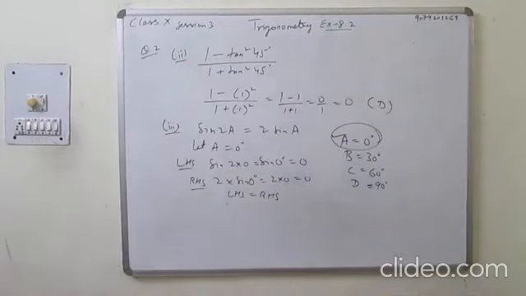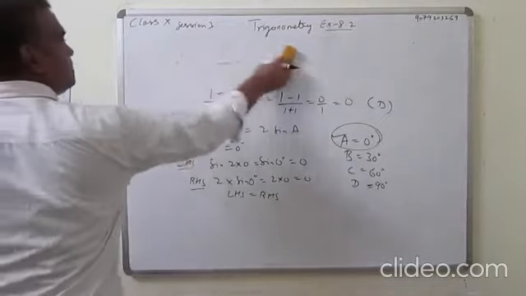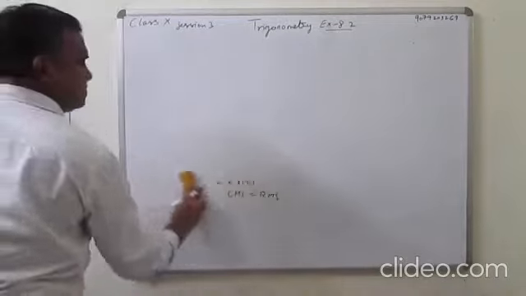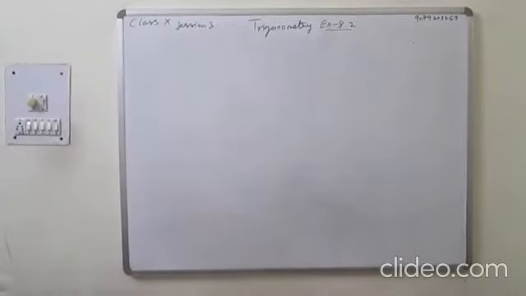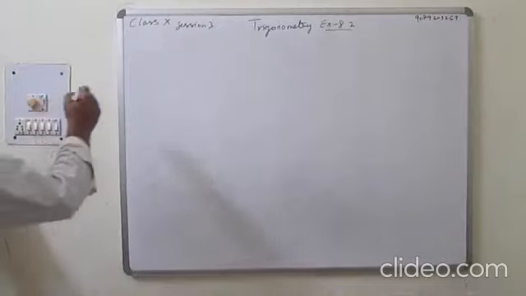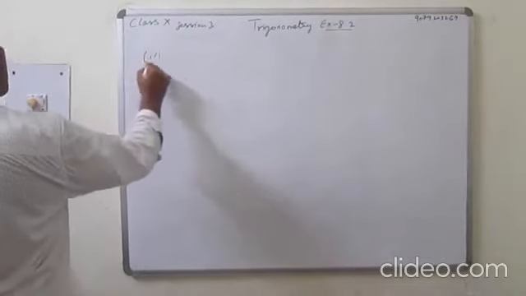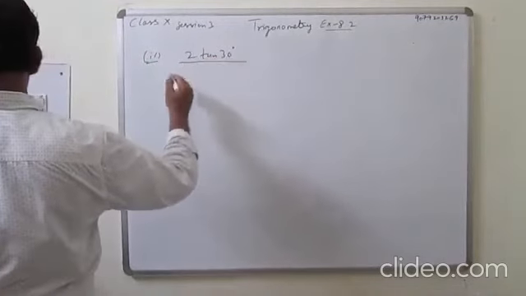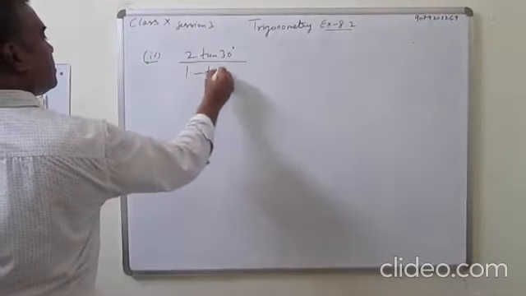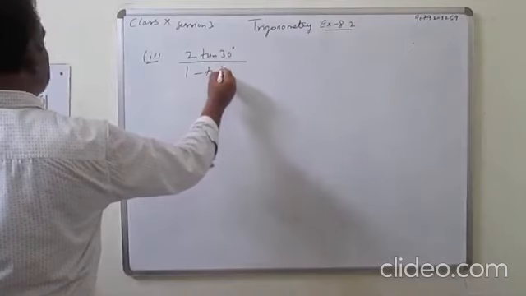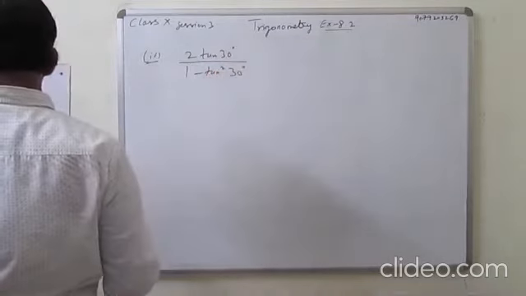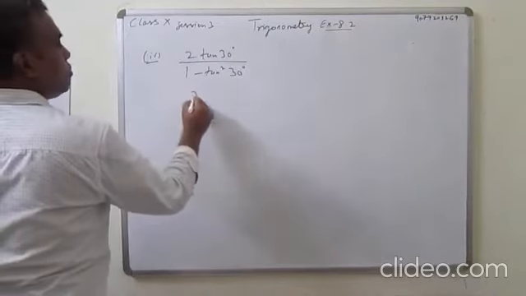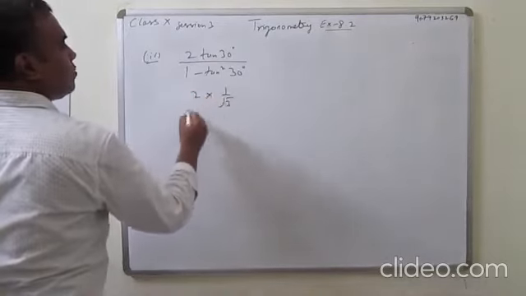Now I will take the fourth part: 2 tan 30 upon 1 minus tan square 30. Now putting the values, tan 30 is 1 by root 3.